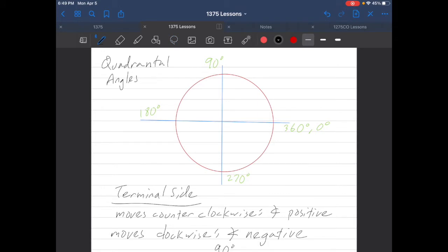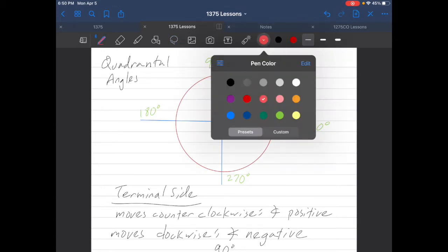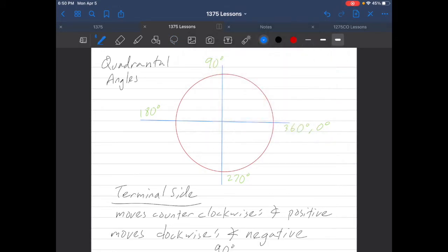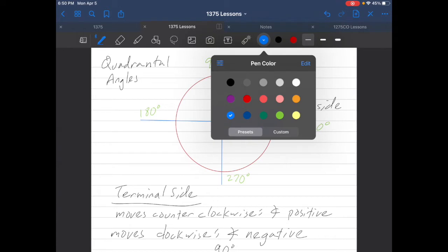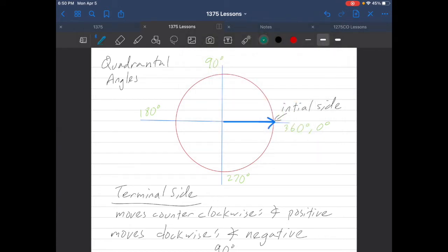So when we draw an angle in trigonometry, we are always drawing this first. This is called the initial side, and it is always located right there, always on the positive x-axis. The other side is called the terminal side, and that's the one that swings around.